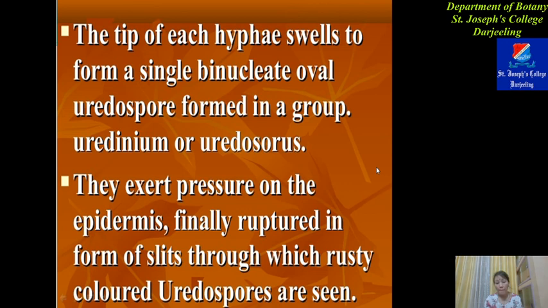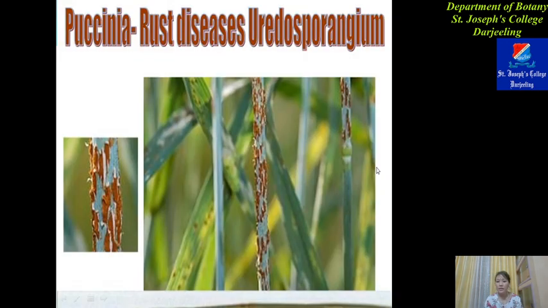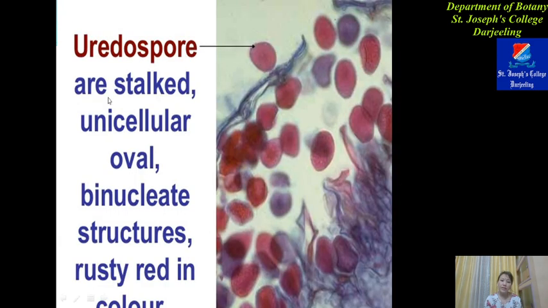These are the symptoms we see during the uredial infection, called the rusty appearance, and that is why it is rightly called the rust disease of wheat. If you see the structure, it is more or less oval, with a stalk, binucleated, and rusty in color.